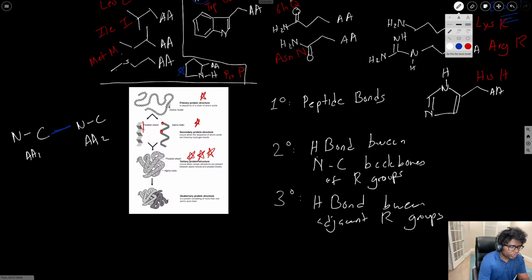Now, one of my students that I was tutoring one-on-one told me the way he memorized amino acids or protein structure, in a way that made it digestible, was that he thought of the primary protein structure as the letters in a word.